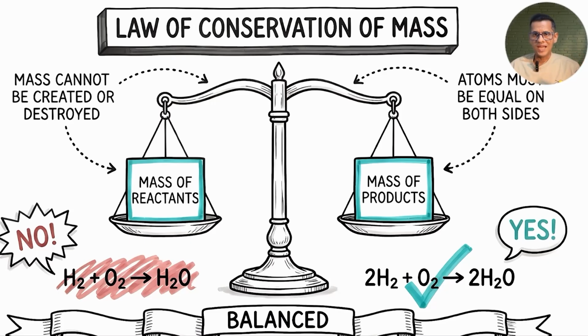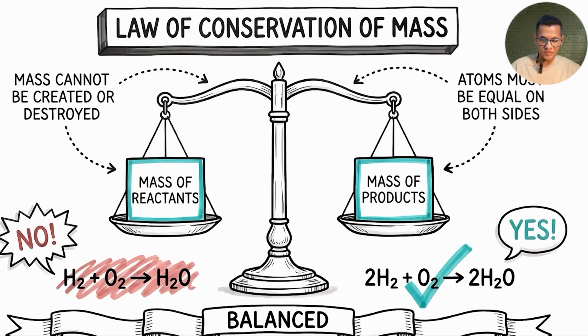Individual atoms have mass, as we have learned last year. So if I don't have the same number of atoms on both sides of the chemical equation, then I'm violating the law of conservation of mass.